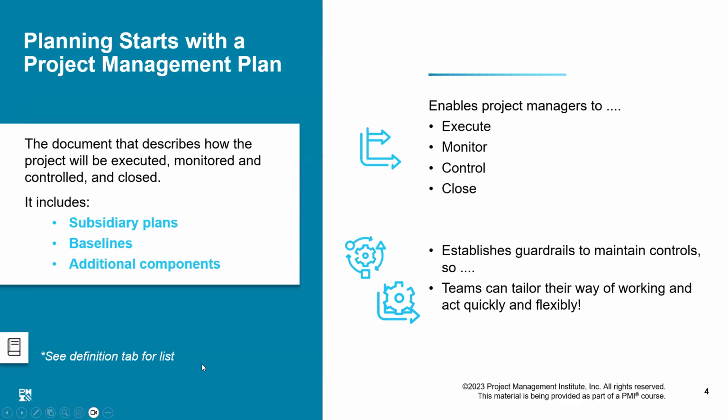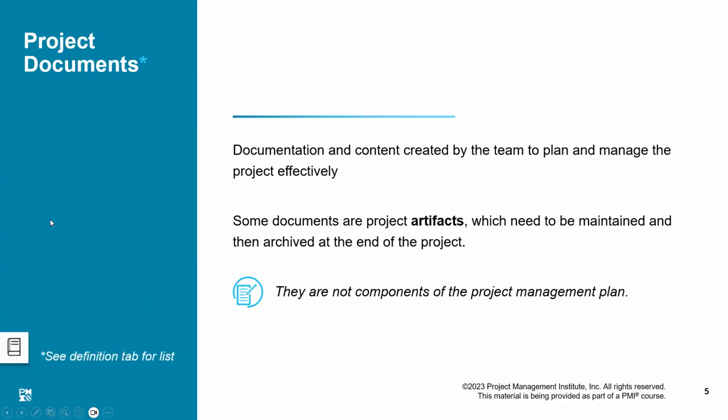Okay, then we have got project documents. One thing was the project management plan, the other thing was project documents. If you remember, I had shown you a list of all the project documents. Project documents are those documents which are created during the process of planning for calculation purposes, charts, graphs, and a lot of other things, but they are leading to a baseline.